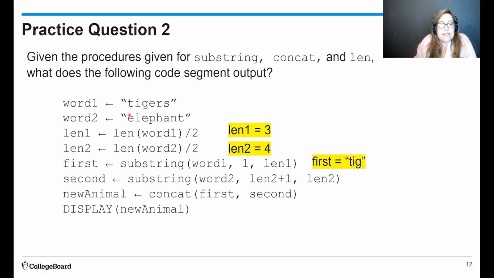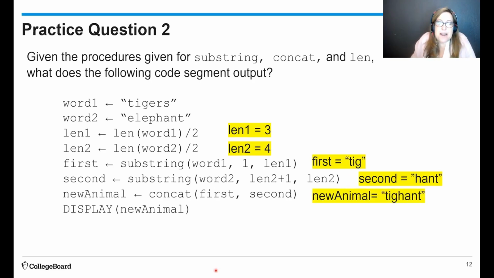So I have to go to character 5: 1, 2, 3, 4, 5. That is my H. And I'm going to go for len 2 characters, 4 characters. So H-A-N-T. Second is hant. New animal will be assigned the concat of first and second. So tig followed by hant. Tigant is my new animal. So I will display tigant.